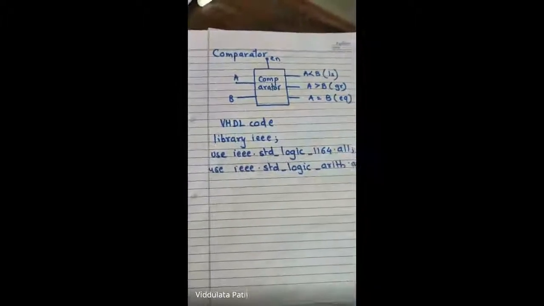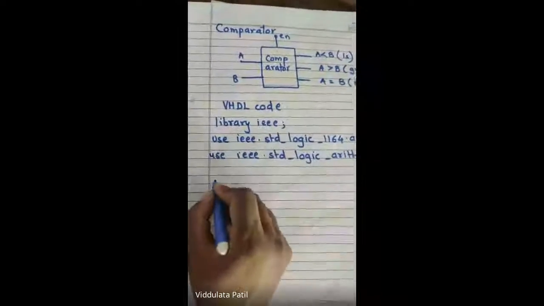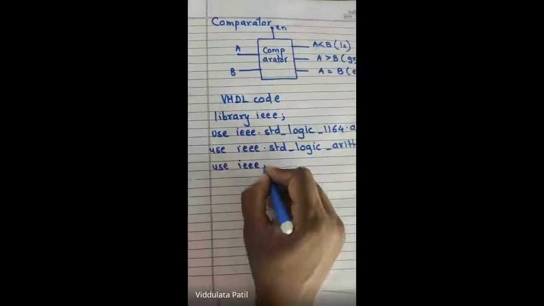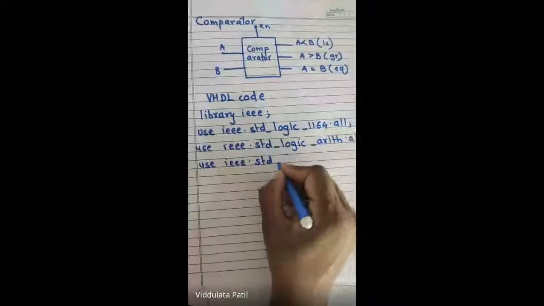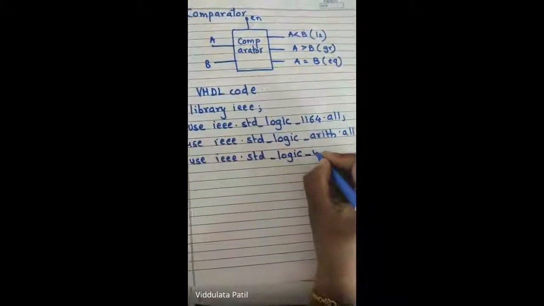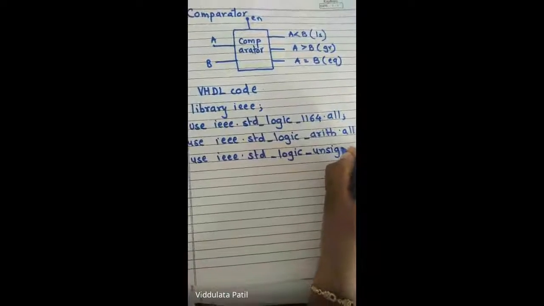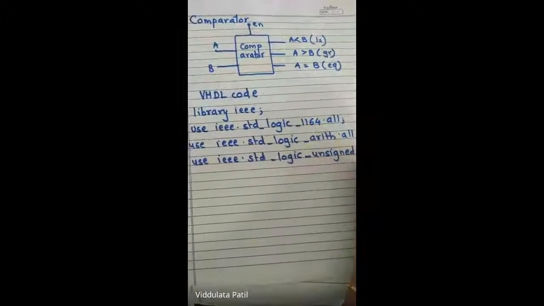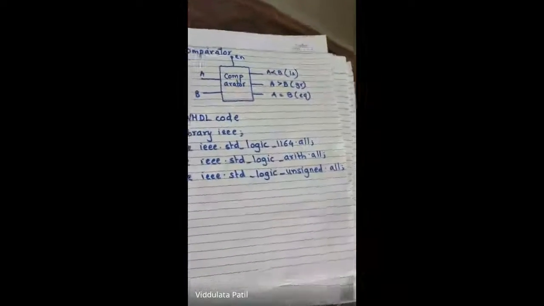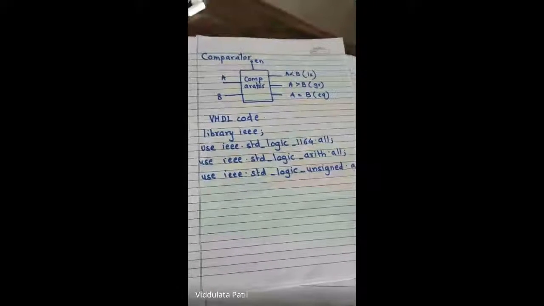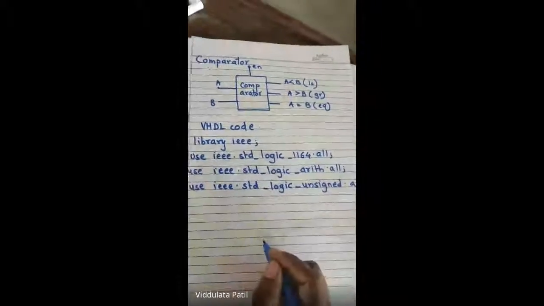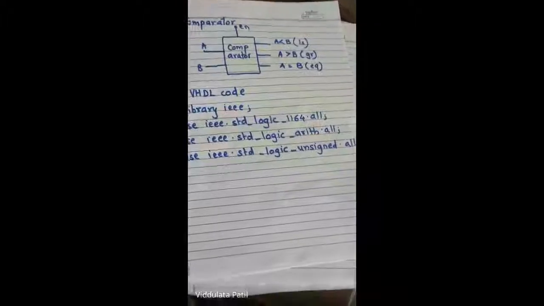This is one package that we are going to add, and one more package, that is use IEEE dot std_logic_unsigned dot all. So we have added these two more packages to this code, so that we can have errorless output.